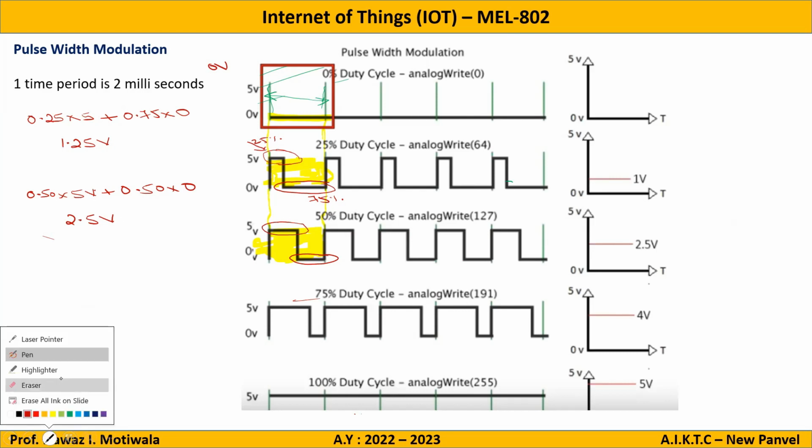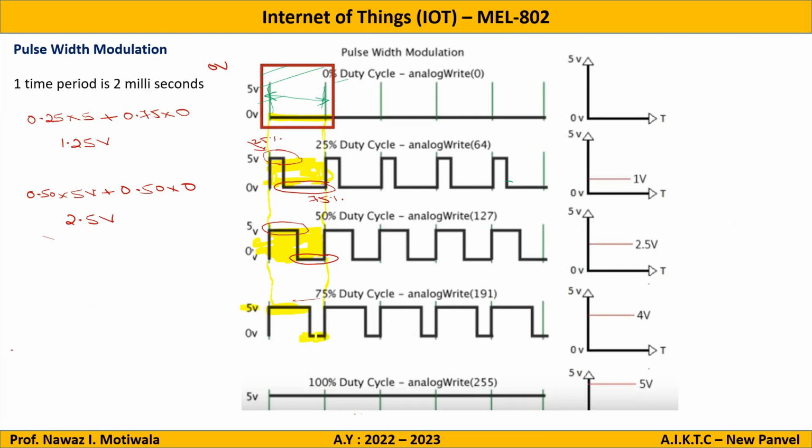Now again, if I go to the next step, you can observe that for 75% of the time the LED is getting 5 volts and only for 25% of the time it is getting 0 volts. So for 75% of the time it is getting 5 volts and for 25% of the time it is getting 0 volts.